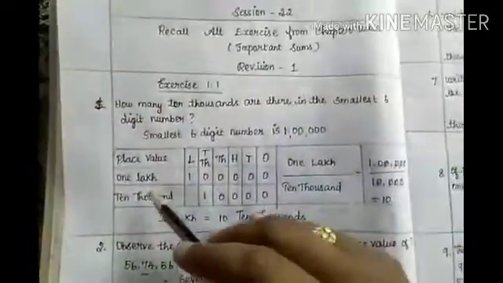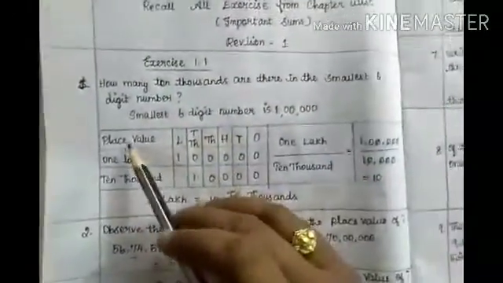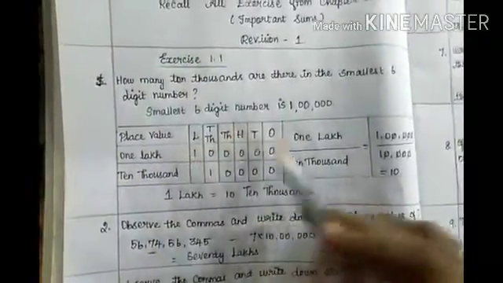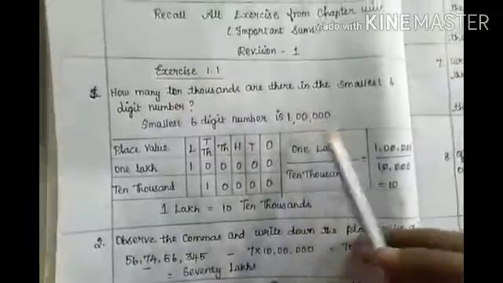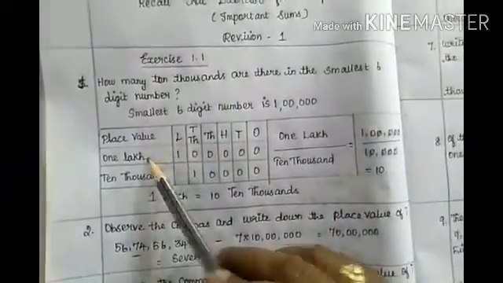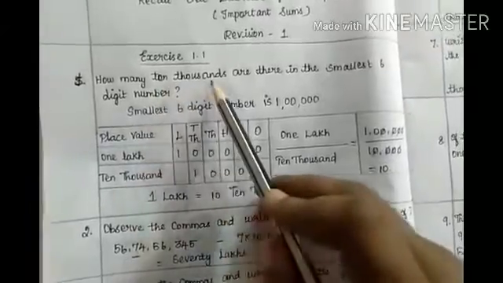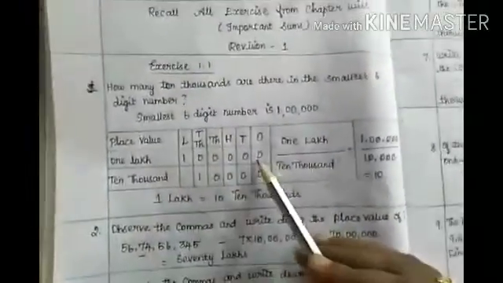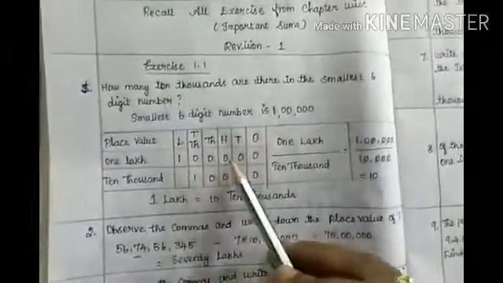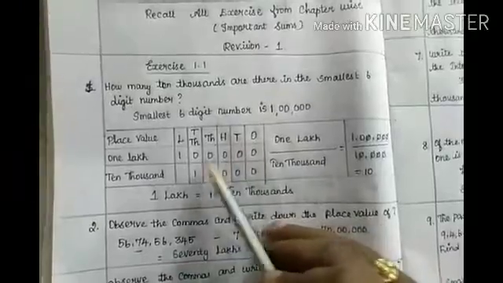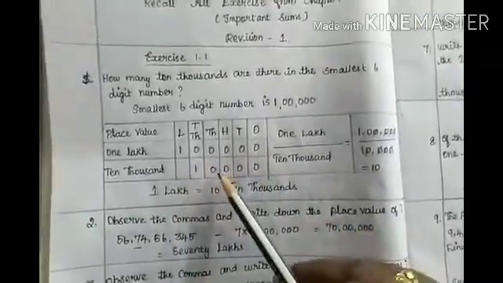So I am going to write the place value chart. See here, I have written the place values, and here the 6 digit number is 1 lakh. We are going to find out how many 10,000s, so I have written 10,000 here.